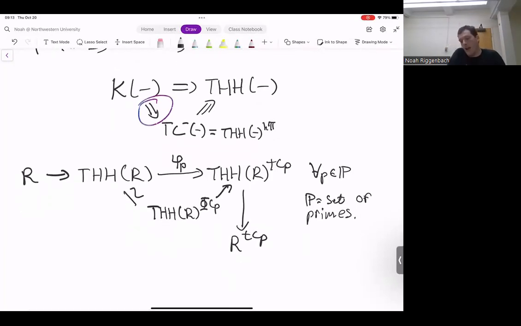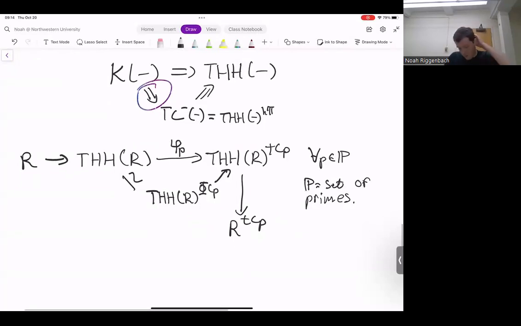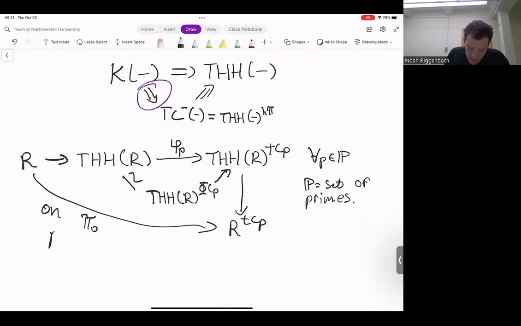And so you can ask what this composition is. Well, it's a map built out of a bunch of power operations. But maybe let me just say that this map on pi 0, what is this map? Well, this is a map from R to R mod p.